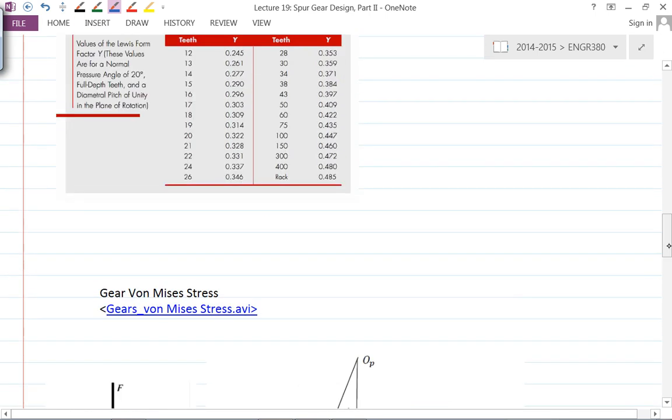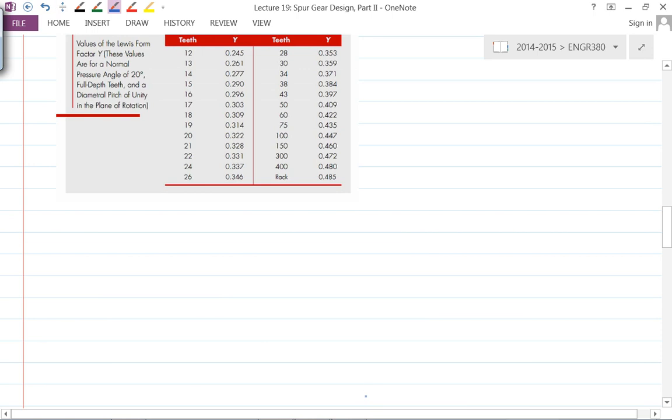The very first thing we can do to modify the Lewis equation, Wt times P over F y, let's say modification number 1. We have many to come, but today let's focus on only one. The number 1 modification is this.